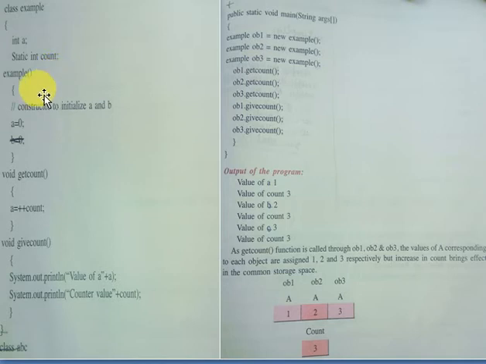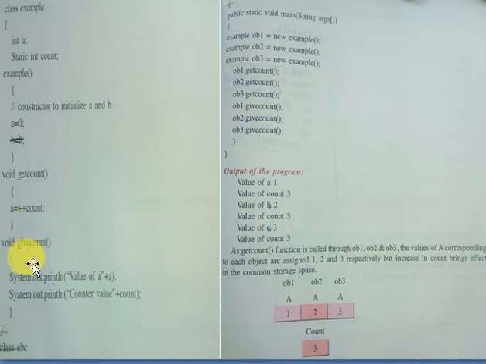Example() is the constructor, a default constructor. a = 0, so it is initializing a as 0. Then void getCount is a function, so the return type is there as void, whereas a constructor has no return type. Then a = ++count, meaning whatever the value in count, add one more to it and assign it to a.